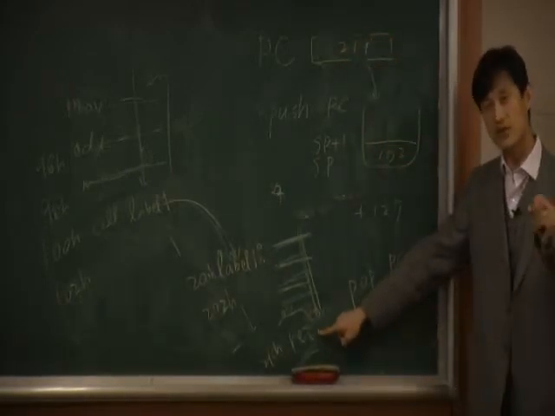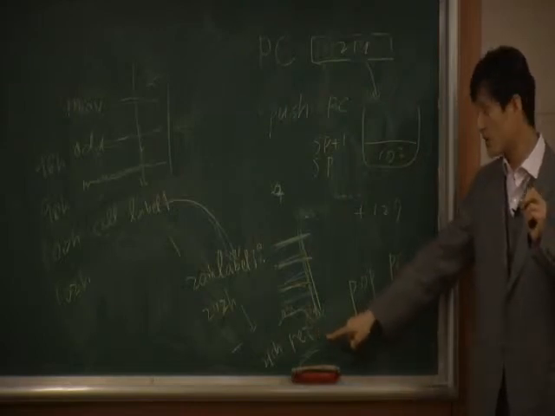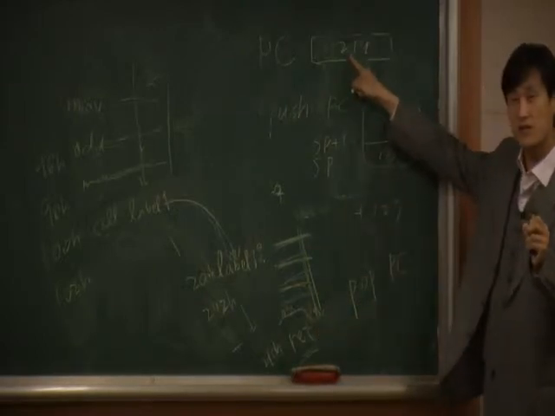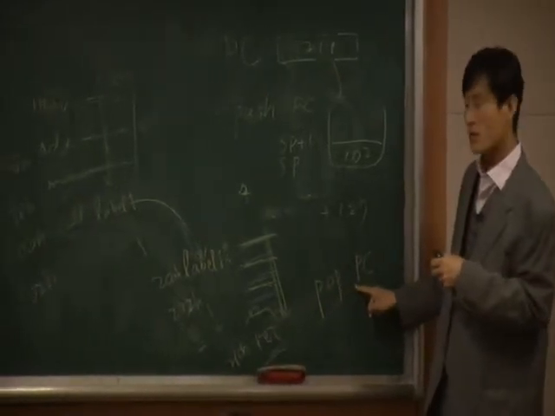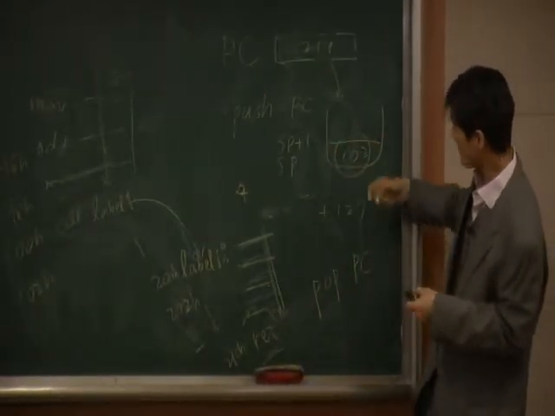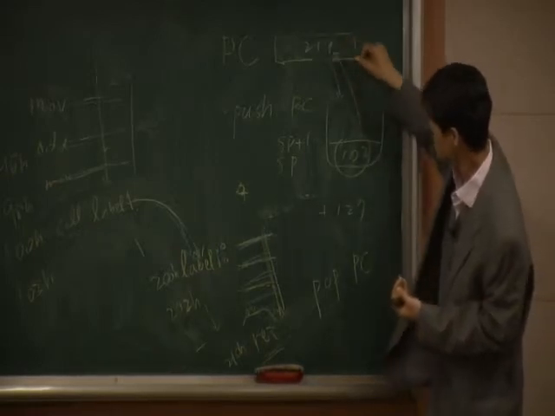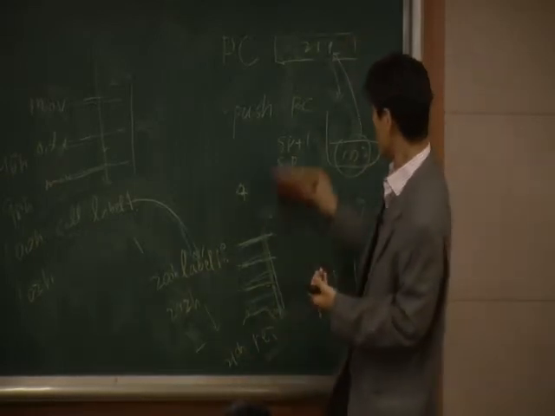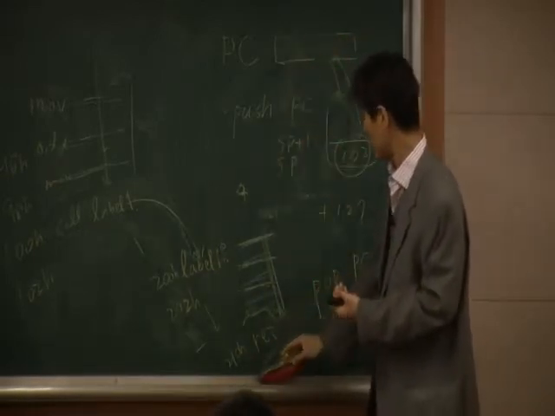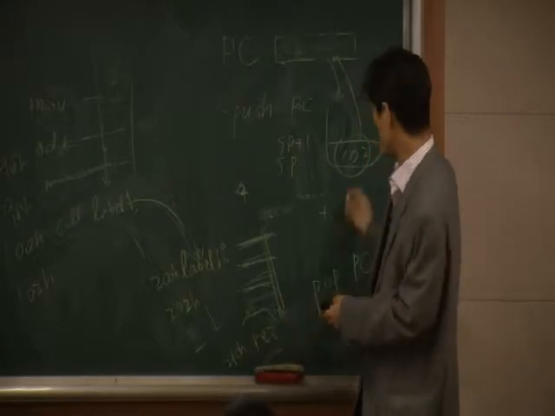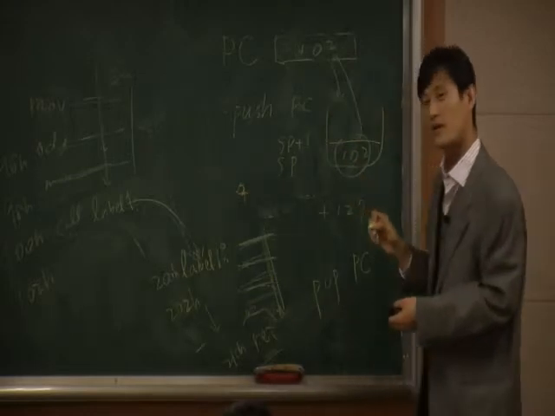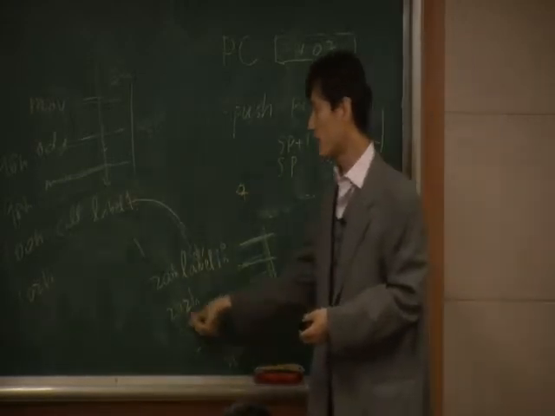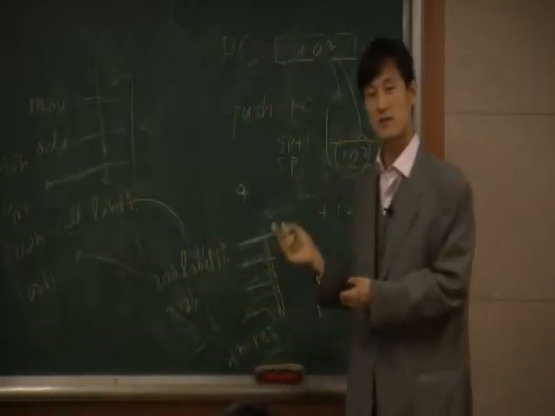At the time you execute RET, your program counter has this value, but this return basically does the pop PC, which means that you pop this value out and copy it into PC. Because this instruction is return, we are copying this value back to the program counter, which means that we are jumping back to this.